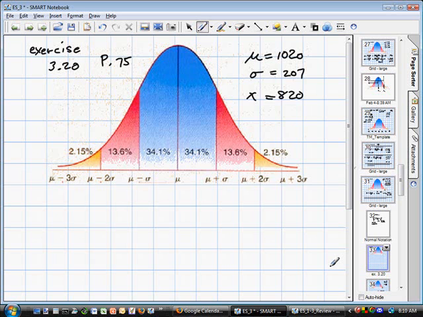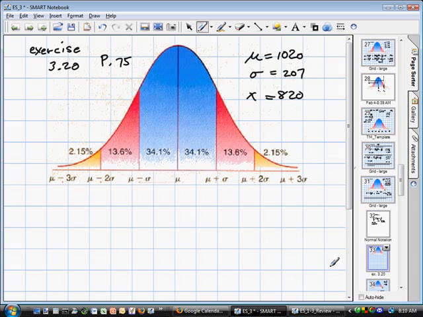So on this exercise, NCAA rules for athletes. The National Collegiate Athletic Association requires Division I athletes to score at least 820 on the combined math and verbal parts of the SAT in order to compete in their first college year. Higher scores are required for students with poor high school grades.